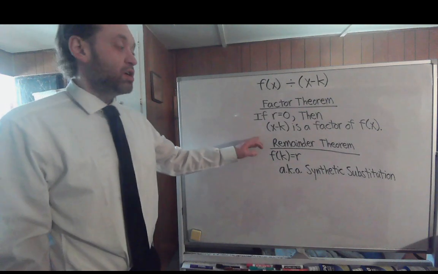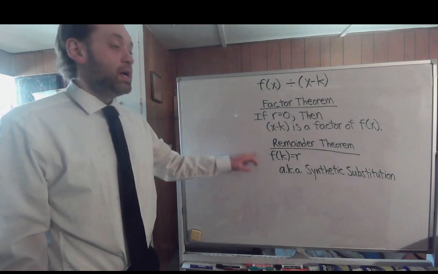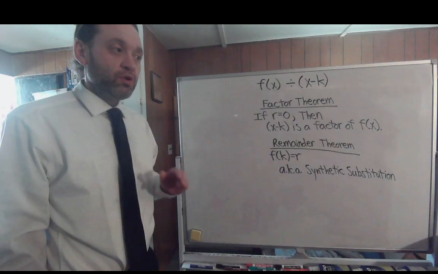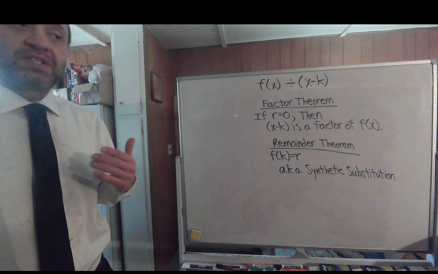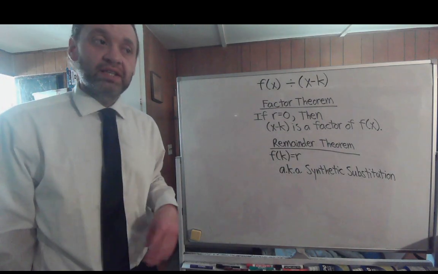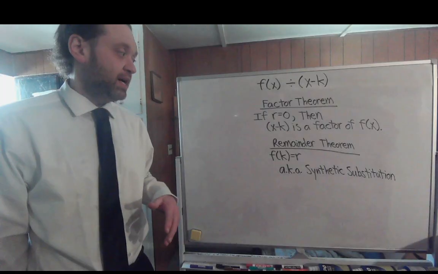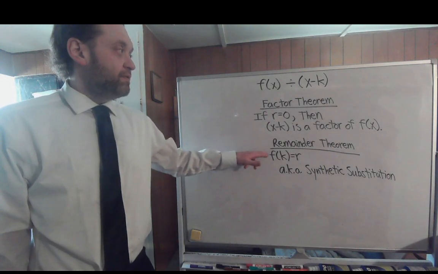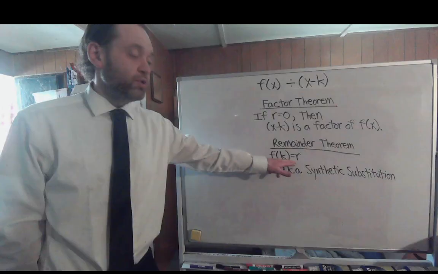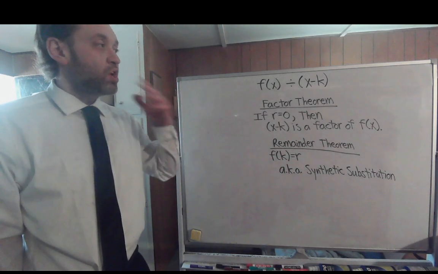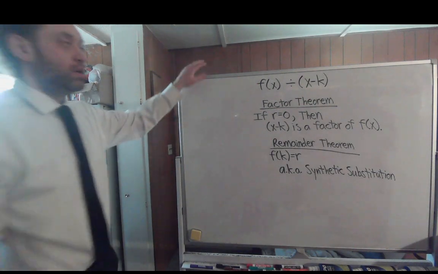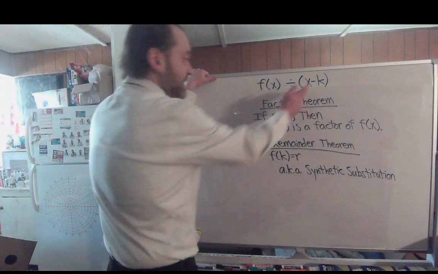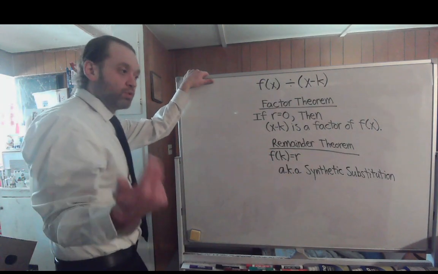Then there's something called the remainder theorem. This might actually sound familiar because earlier in the unit we did synthetic substitution, which is basically the same thing as what we're doing today. That f of k is equal to your remainder. So you have some x minus k. Well, you set x minus k equal to 0, x would equal k.